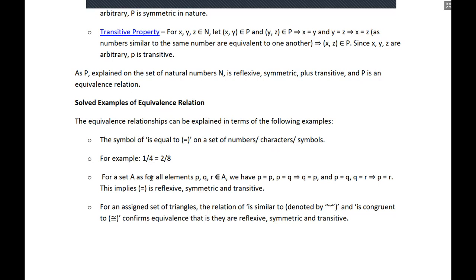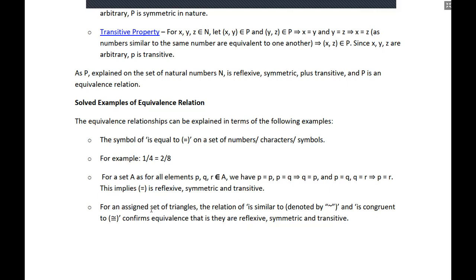For a set A, for all elements P, Q, R belonging to A, P is equal to Q, Q is equal to P, and if P is equal to Q and Q is equal to R, then P is equal to R. So in this way, we have already discussed that equality is an equivalence relation because equality fulfills all three axioms of equivalence relations: reflexive, symmetric, and transitive.